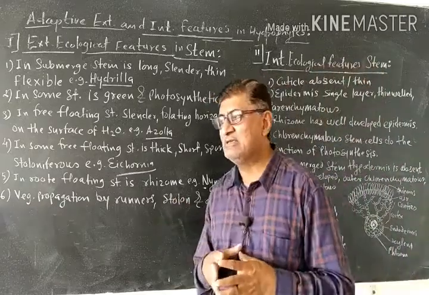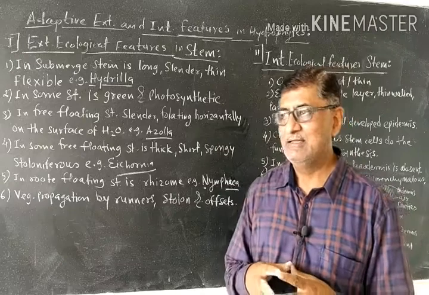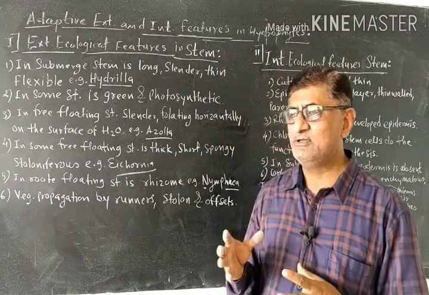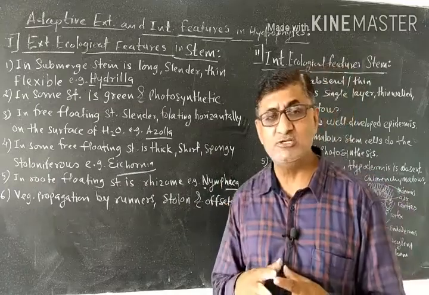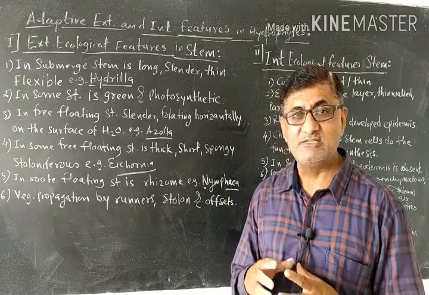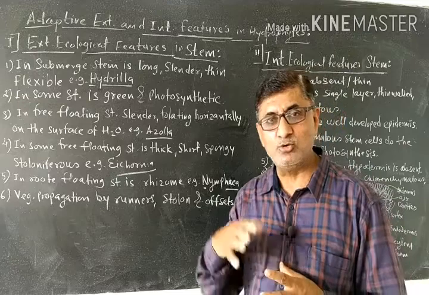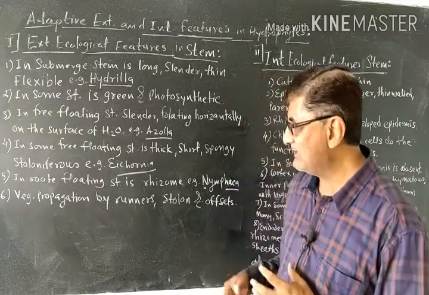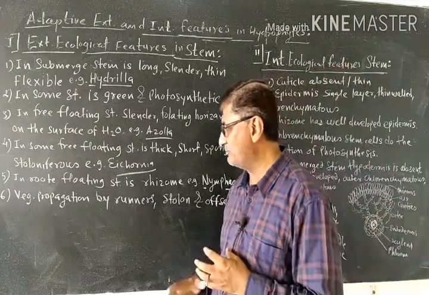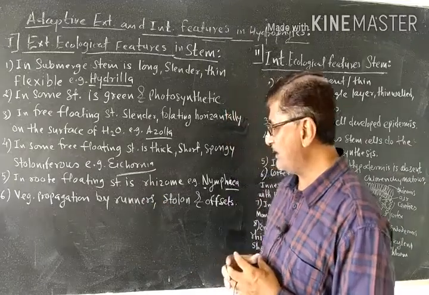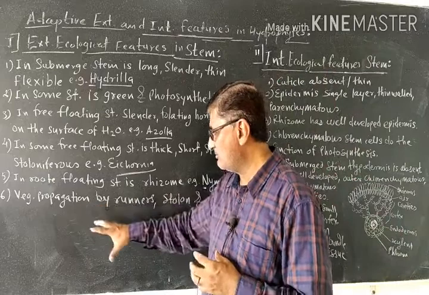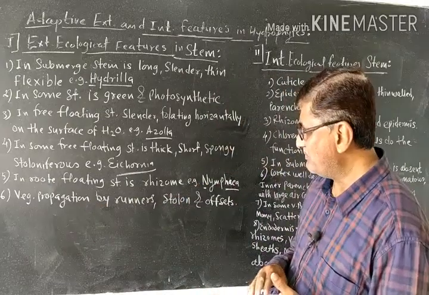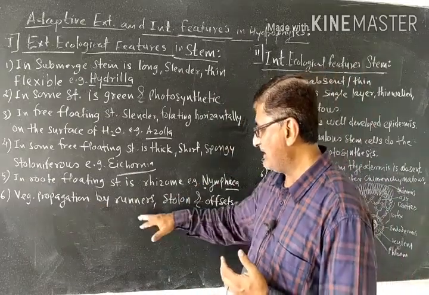In most hydrophytes, a very good external adaptation is seen in vegetative propagation. The stem plays an important role in vegetative propagation. The different modifications of the stem help the particular hydrophyte propagate, and the propagative organs are given by the suppressed or reduced stem, like runners.